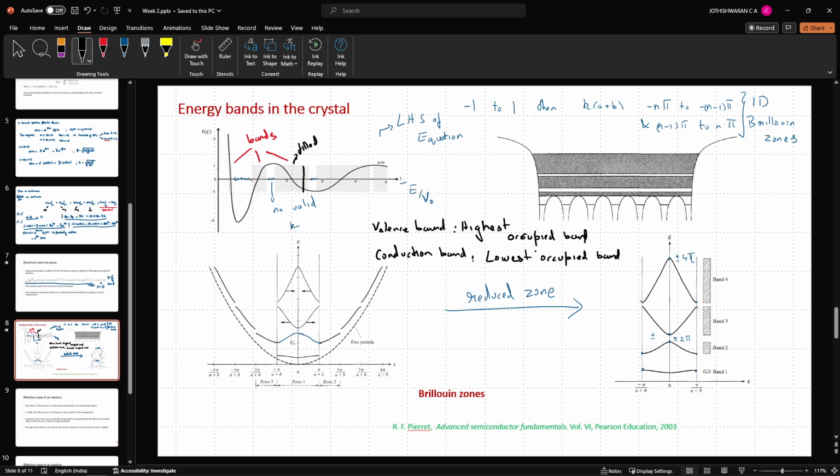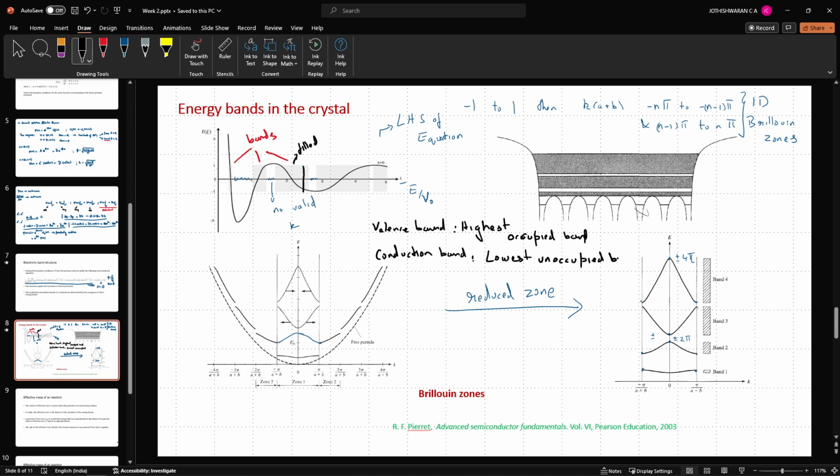So the highest occupied energy level is the valence band, and the lowest not occupied. I should have said lowest unoccupied. Yeah, made a mistake there. This is the lowest unoccupied band.